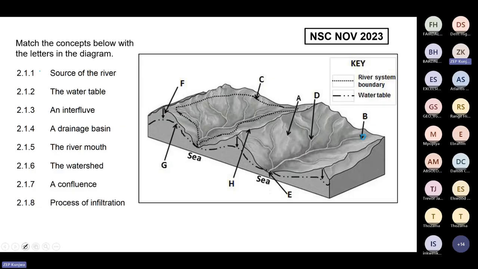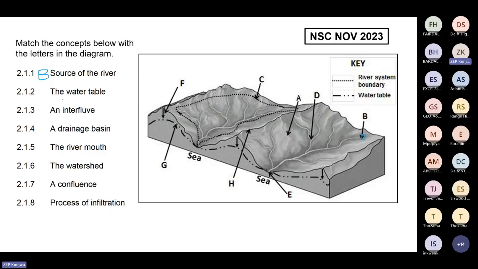So indeed, that answer is B, which most of the schools have got right. And then we have 2.1.2, the water table. I'm so impressed. People have just spotted the water table. It's a dotted line there, marked G. That is your water table. So that is G.